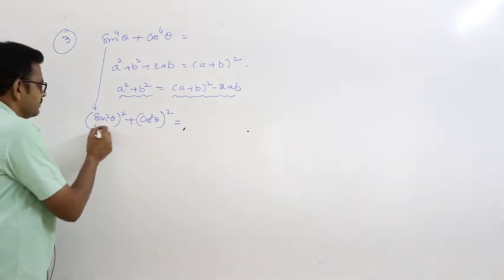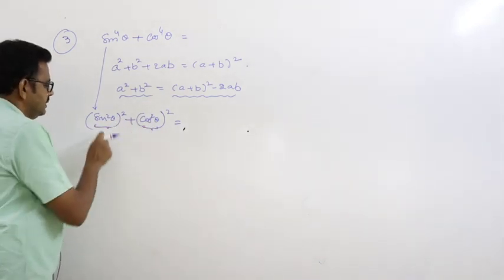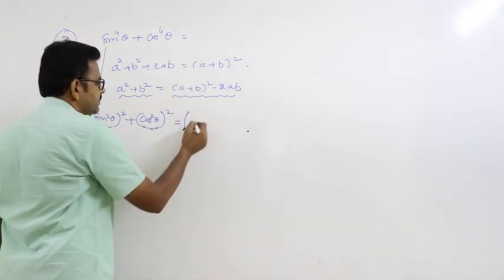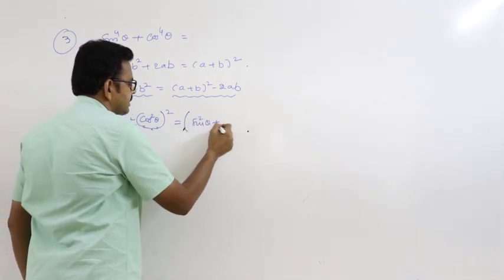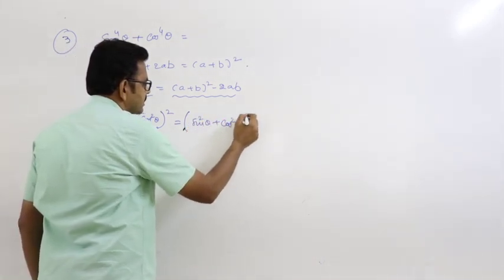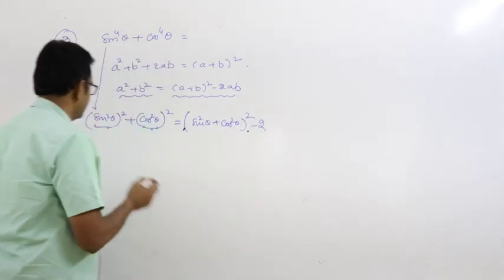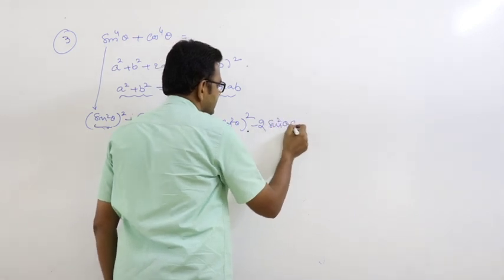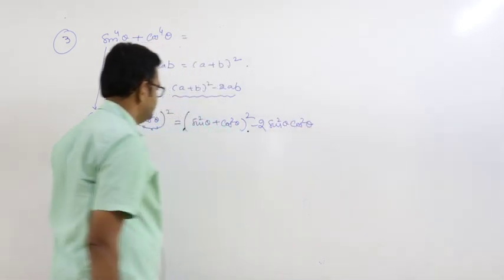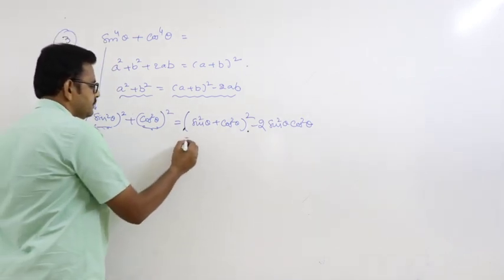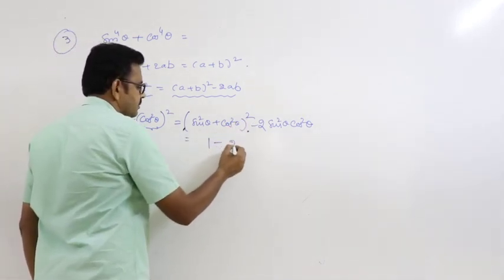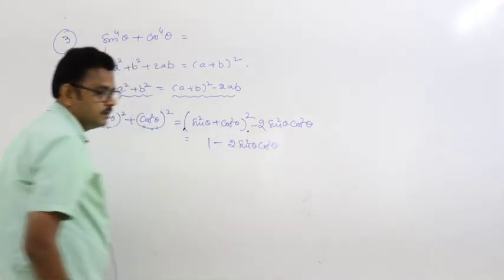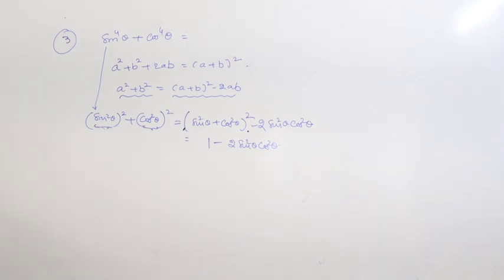So this is just like a square plus b square, this is a, this is b. Now that is a plus b, where a is sin square theta and b is cos square theta, whole square minus 2 sin square theta cos square theta. The value is 1, 1 square is 1, so 1 minus 2 sin square theta cos square theta.